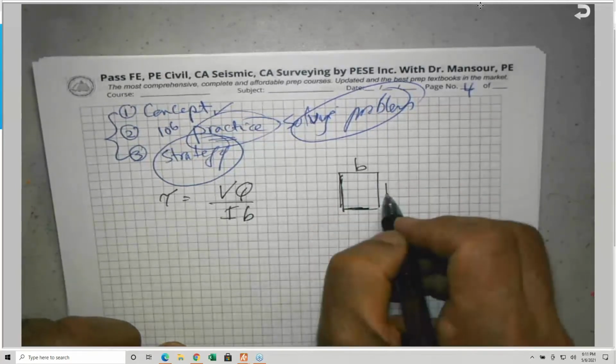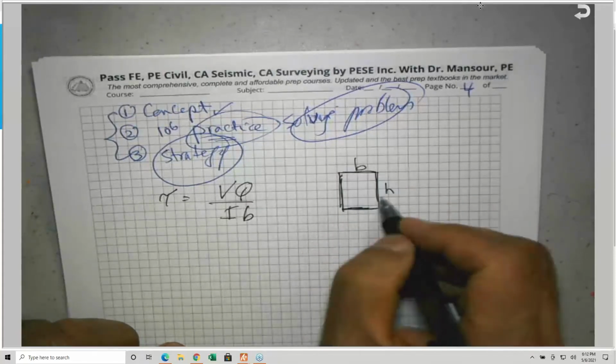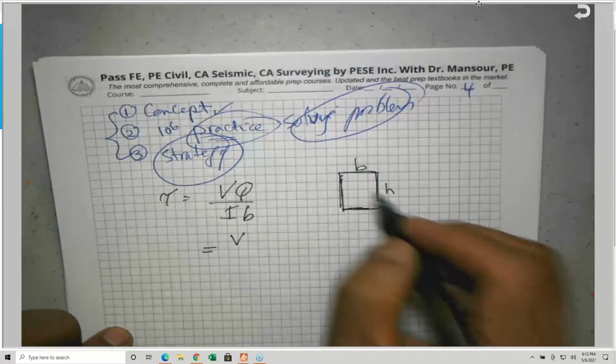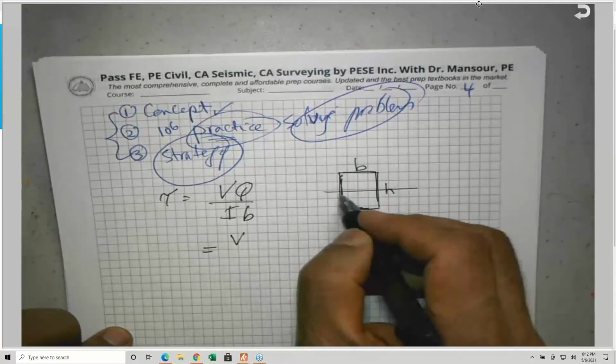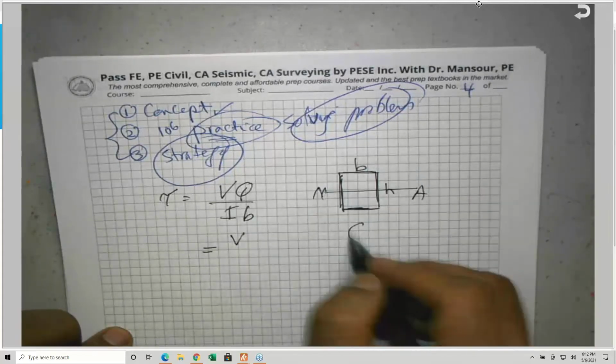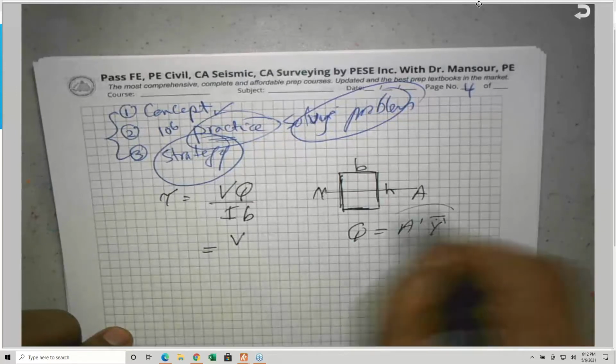This is B and this is H. The Q is at the neutral axis, so Q is equal to A times Y bar prime.